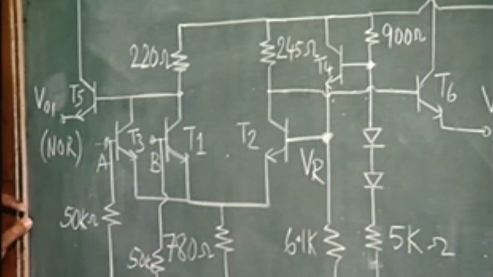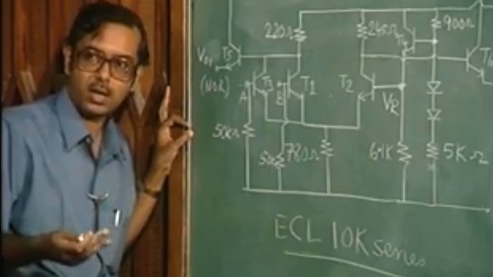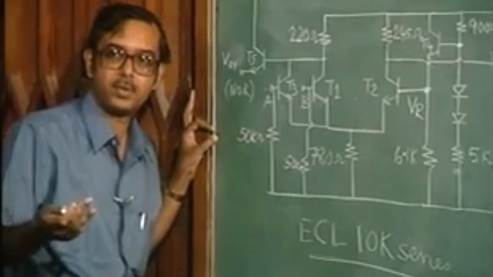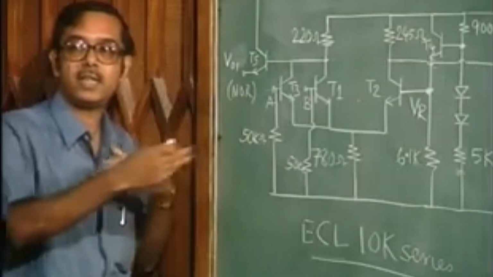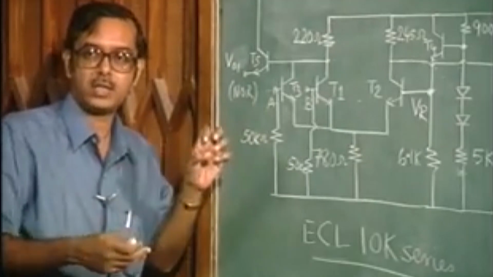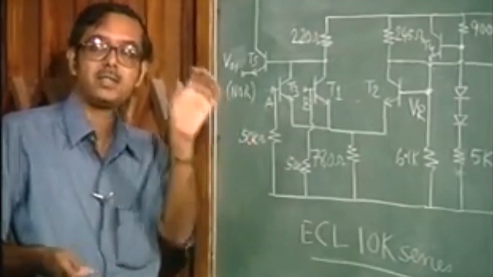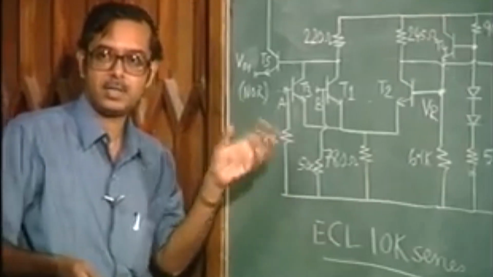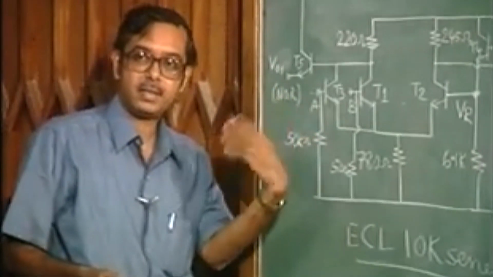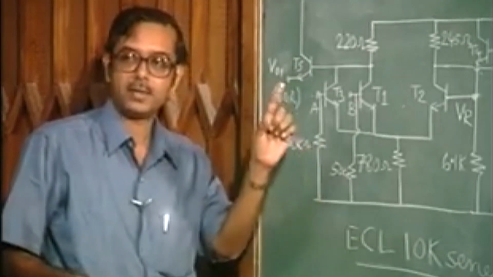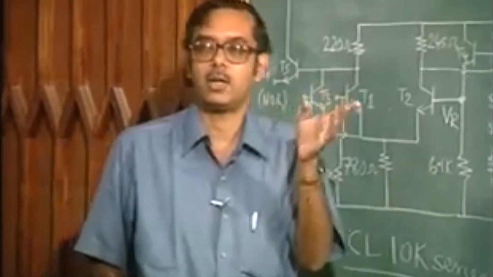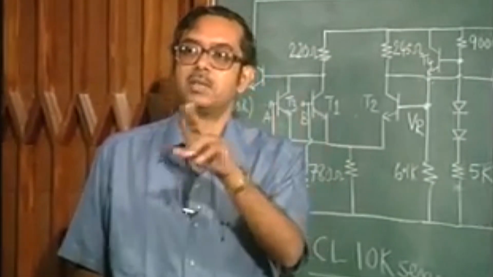If you are having OR or NOR logic, you know that if any input is logic 0, it does not contribute to the output. The output is governed by the other inputs. If you have a 3 input NOR gate or OR gate and one input is 0, the output depends on the other 2 inputs. A 0 does not contribute. Whereas in a NAND or AND configuration, if any input is 1, the output does not depend on that input but on the other inputs.